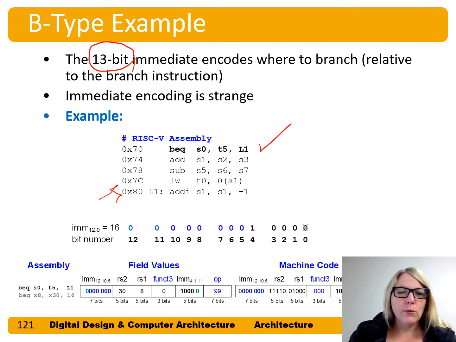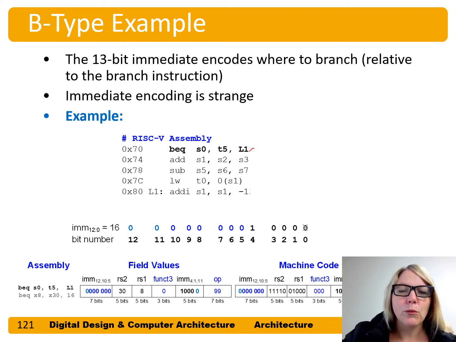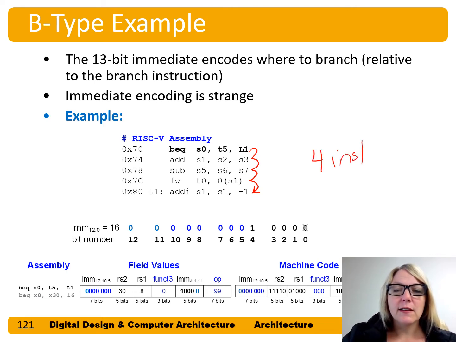We want to branch, in this case, 16 bytes later, or 1, 2, 3, 4 instructions after the branch. So 4 instructions past the current branch is where we want to branch to.